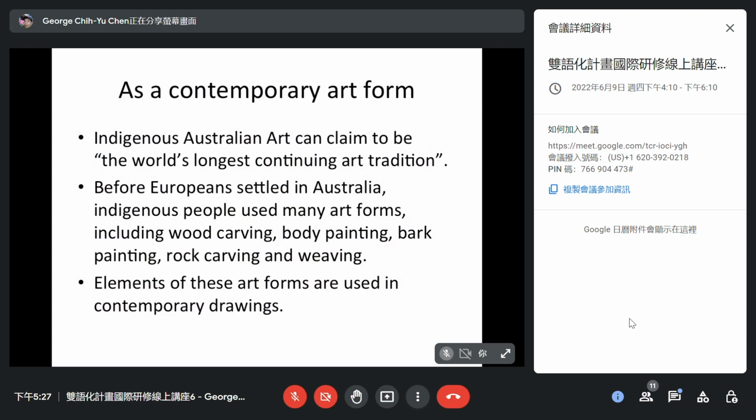Indigenous art as a contemporary art form. Indigenous Australian art can claim to be the world's longest continuing art tradition. Before Europeans settled in Australia, indigenous people used many art forms, such as wood carving, body painting, bark painting.